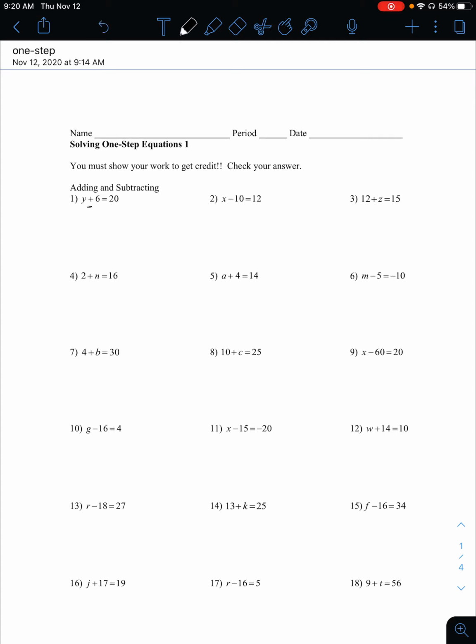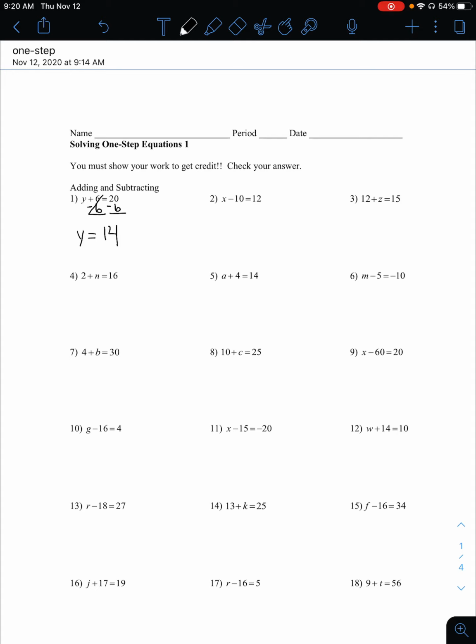I would subtract 6 on this side, which gives me 0, right? Positive 6 minus 6, those just cancel out. And then I subtract 6 on the other side of the equal sign. So I have y equal to, what is 20 minus 6? 14. And that's my answer. y is equal to 14.